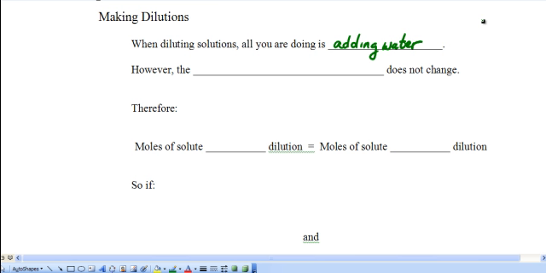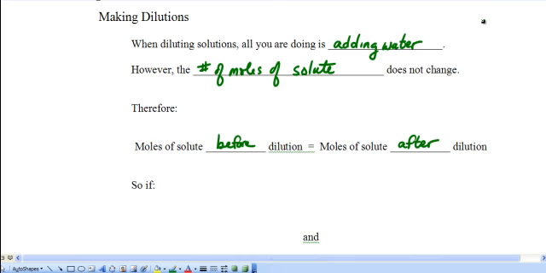That is, the amount of solute does not change. We'll just say the number of moles of solute does not change. So therefore, the moles of solute before you do the dilution will equal the moles of solute after you do the dilution.